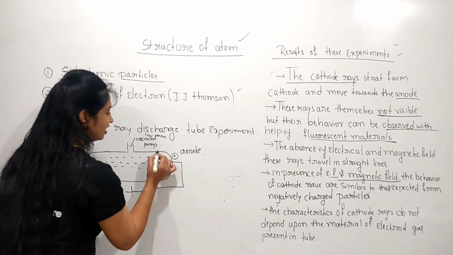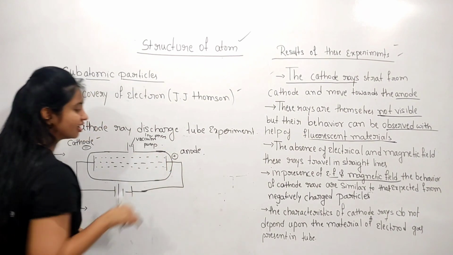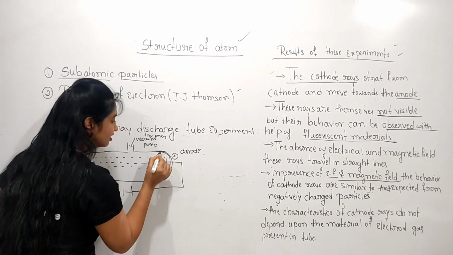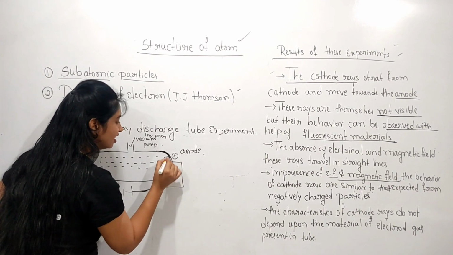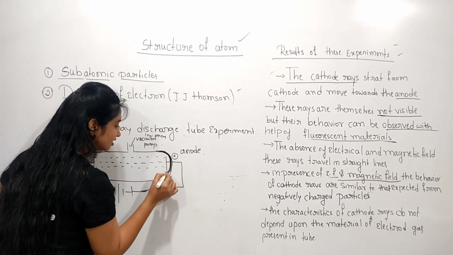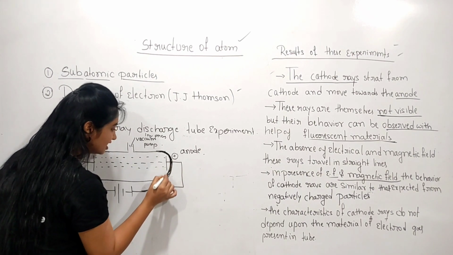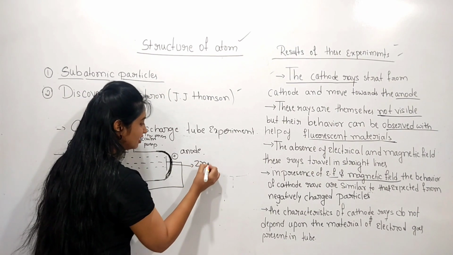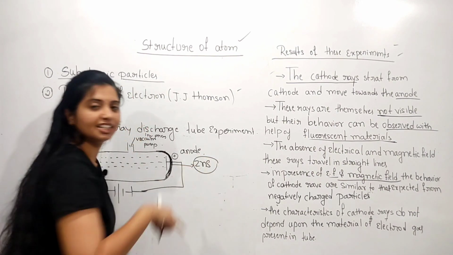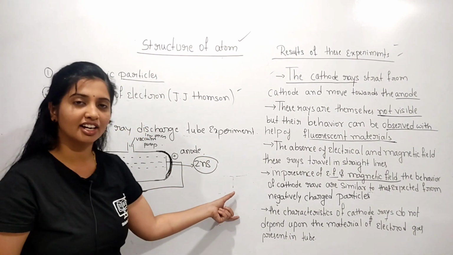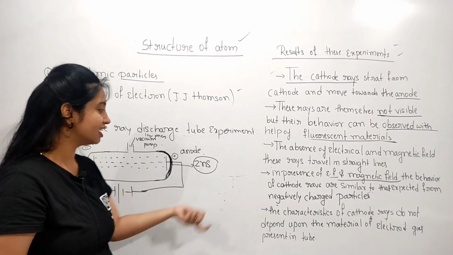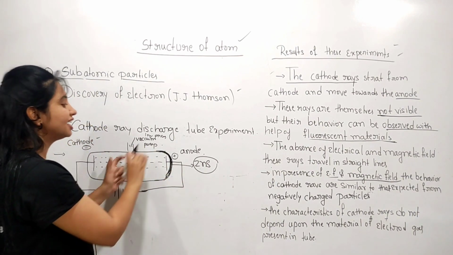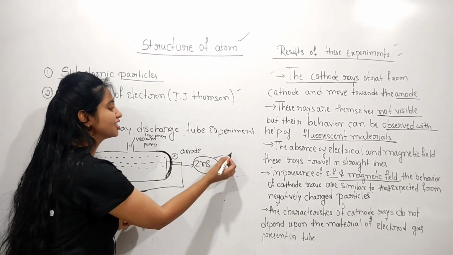Another thing in this experimental setup is that he coated zinc sulfide on the anode side. At the positive terminal side he coated zinc sulfide material. This zinc sulfide acts as a phosphorescent or fluorescent material, which means when some rays or particles strike it, it starts to glow.